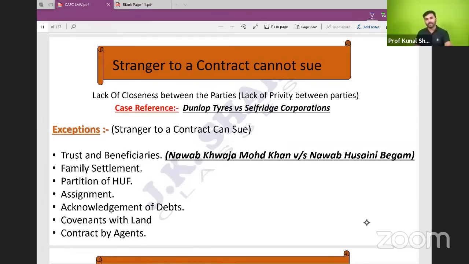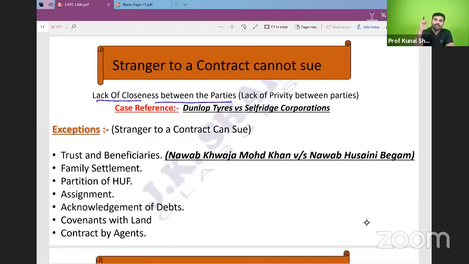The reason behind this is nothing but lack of closeness between the parties, that is, lack of privity between the parties. So whenever I talk about a stranger, sorry to say, a stranger to a contract cannot sue. There is a lack of privity between the parties.